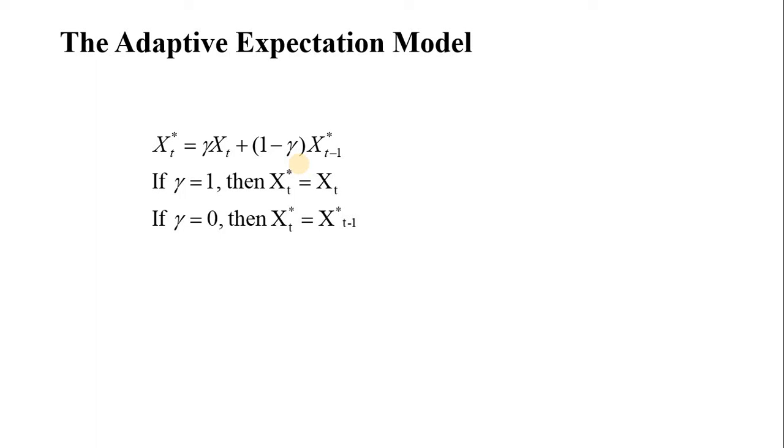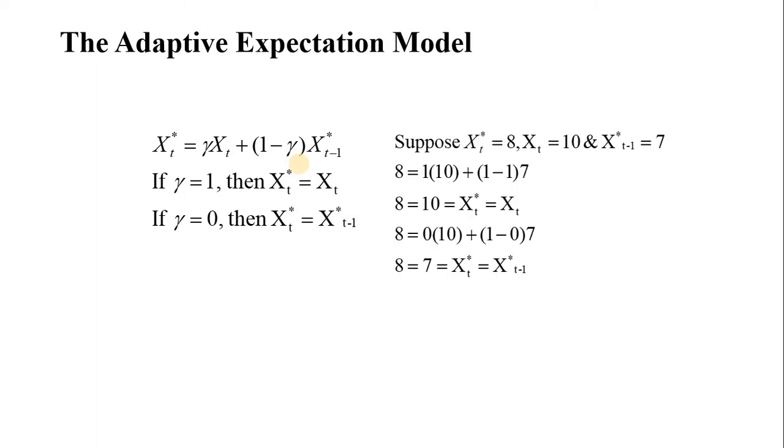Now suppose we give some values to x star t, xt, and x star t minus 1. Assume that we are expecting that the interest rate will be 8%. Now the actual interest rate is 10%. We previously expected 7%.